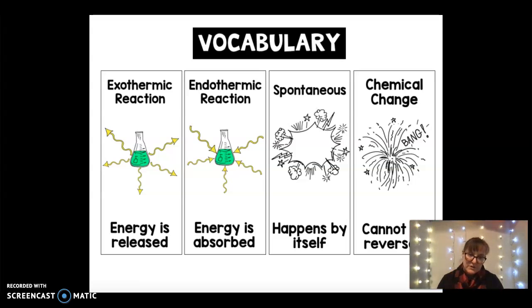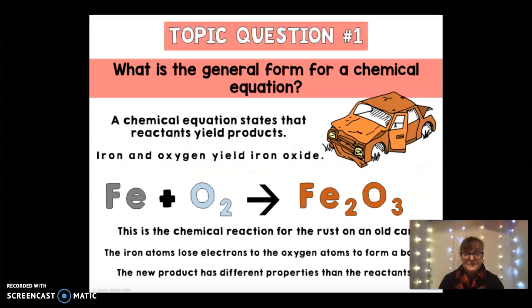There are other ways that we have talked about it as well. So what is the general form of a chemical equation? In grade 9, you need to be able to recognize a chemical equation. You need to know which side are the products and which side are the reactants, and you need to be able to name the appropriate chemicals in a chemical reaction.